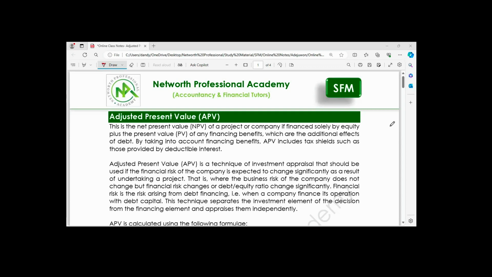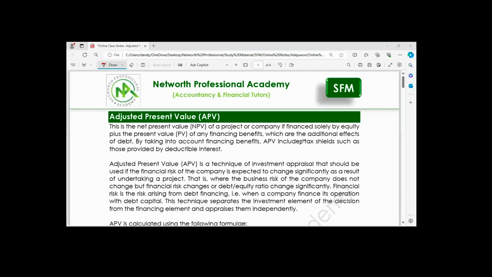I repeat, if in a question you are given issue cost or subsidized loan or subsidy, then you are supposed to use adjusted present value, because NPV does not concern itself with issue cost or subsidized loan. Therefore, how do you calculate adjusted present value?